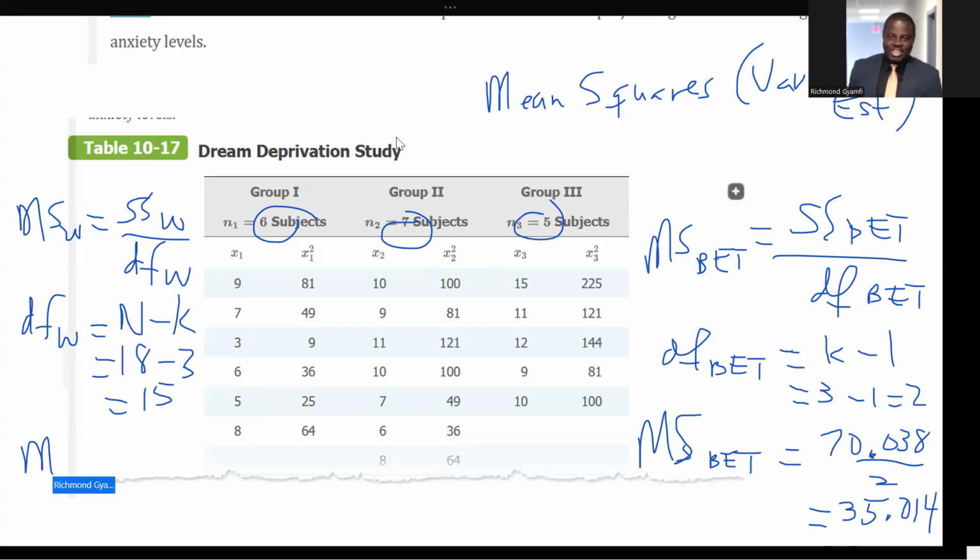So our SSW was, what was the value? Let me check again from my calculator. That was 63.962 divided by 15.